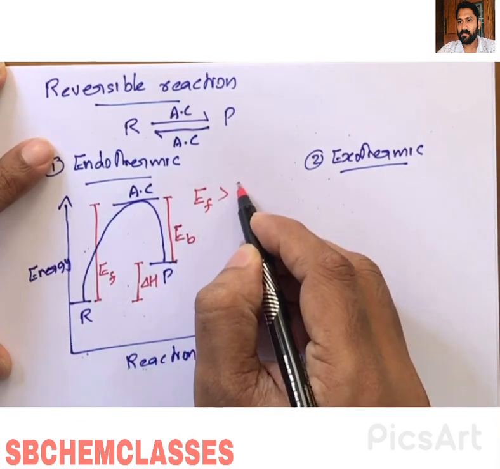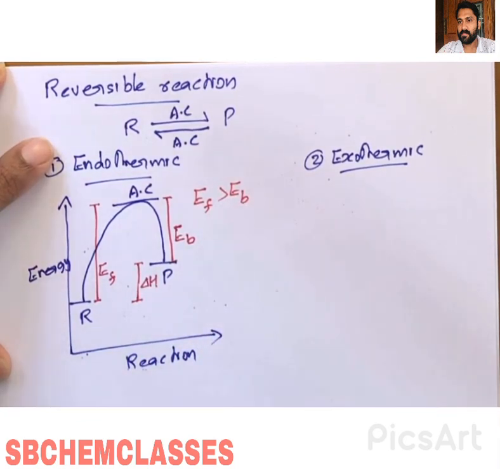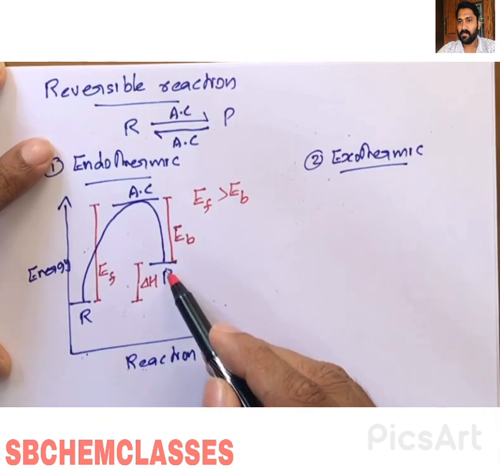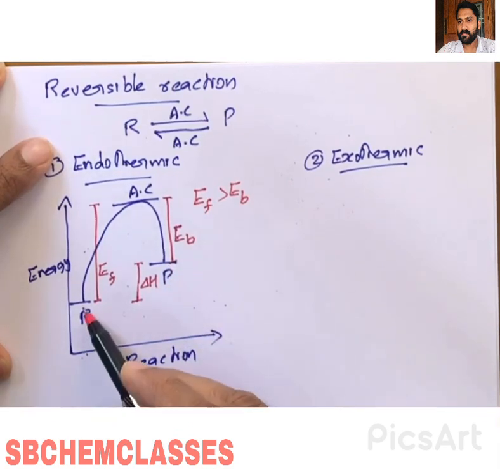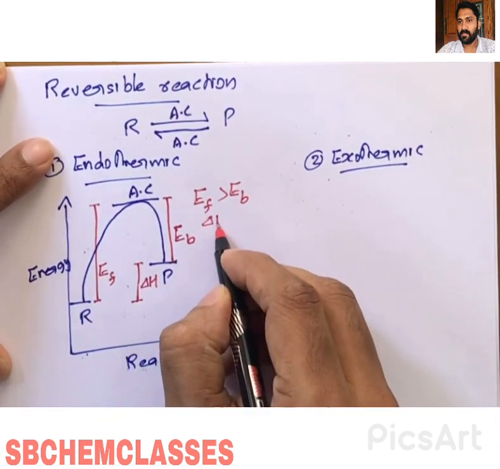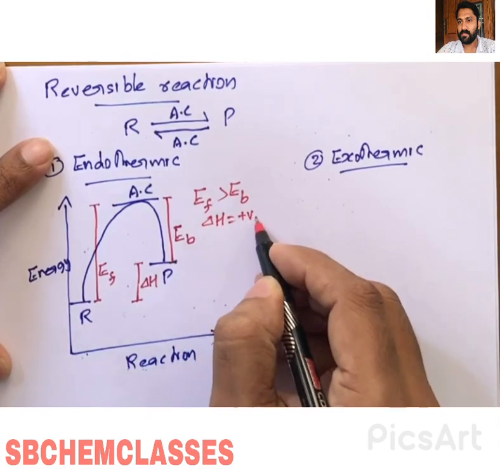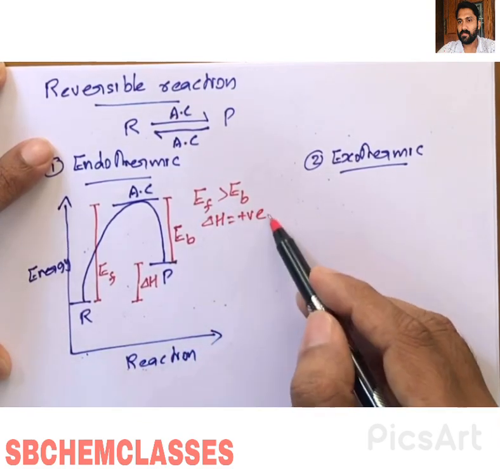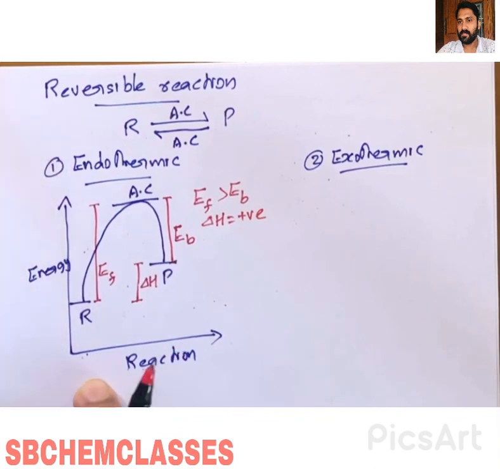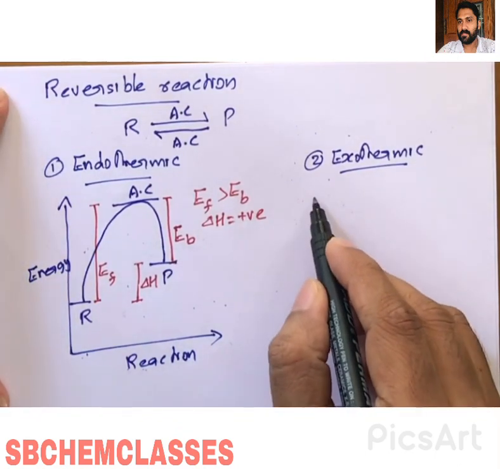EF greater than EB. And since energy of product greater than energy of reactant, delta H is positive. This we know in thermodynamics. This about endothermic reaction.